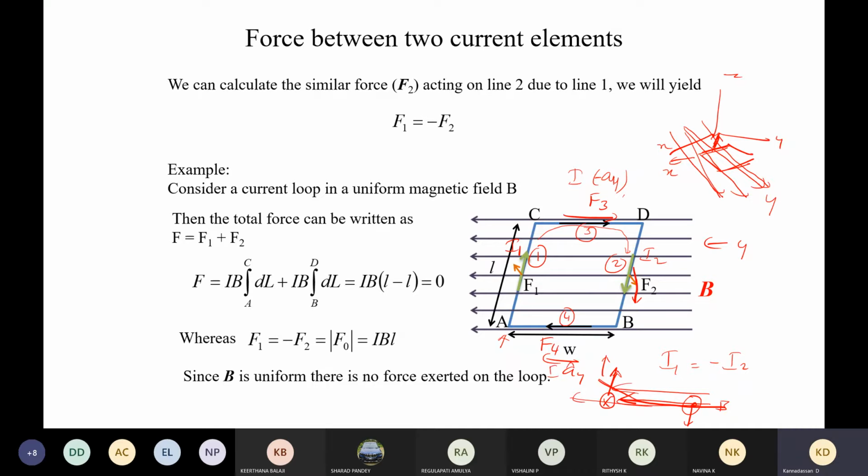Because of this, the cross product is going to be 0. So F3 and F4 will be equal to 0. In other words, along the y direction, if the current is flowing, there is no effect upon it.